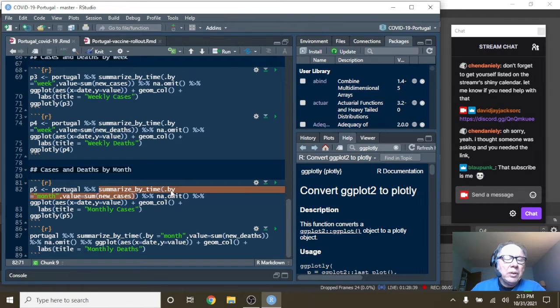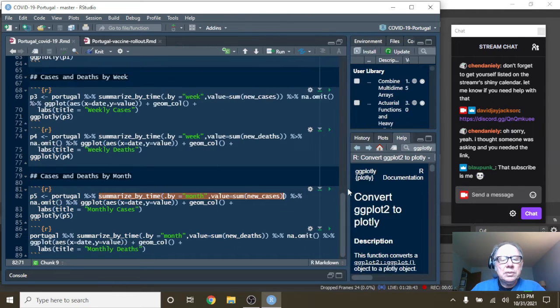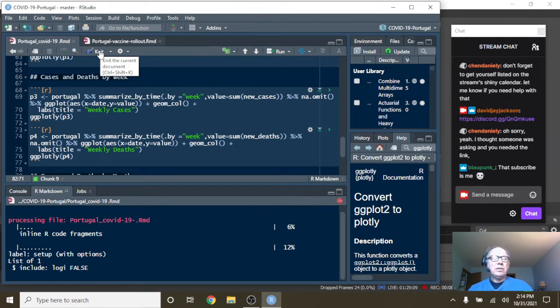This is the time factor you want, so I'm going to do it by month, and this is the function I want to apply. There's probably a way to output a different name for this, but that's okay. So let's come back up here and run this again on the top and see if it's going to run for us.